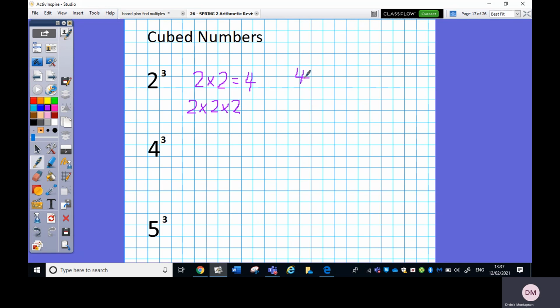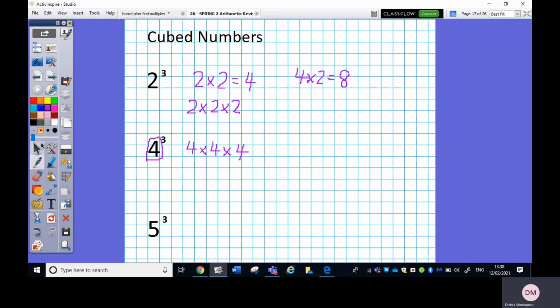So 4 times 2 equals 8. Let's take a look at 4 cube. 4 times 4 times 4. Remember, it's not 4 times 4 and then times 3. It's multiplying the same number.